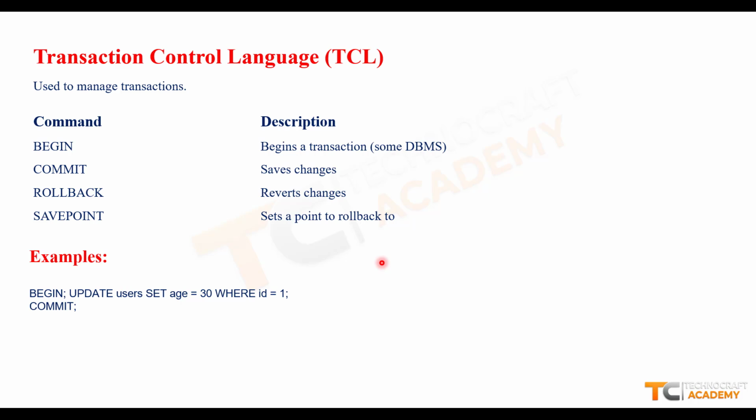We don't use much of them in our day-to-day SQL querying, so I'm not going much deep into it. Transaction, you can see it's just used for managing the transactions in databases. Since it is not much used, I'm not getting very deep into it.